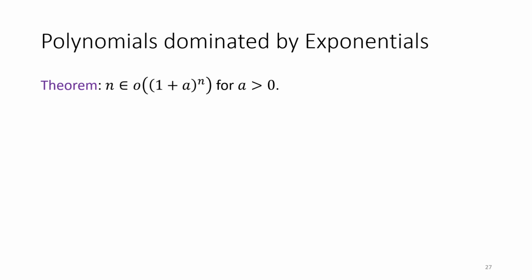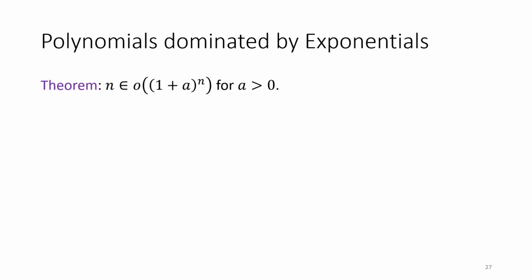Now, first of all, 1 to the power n is always just 1, right? So that doesn't grow at all. That's a constant. That's a simple one, and that's not what we're talking about. But if you increase the base by even just a sliver, like 0.1, 0.000000001, if you like, whatever your smallest sliver is, then it grows.